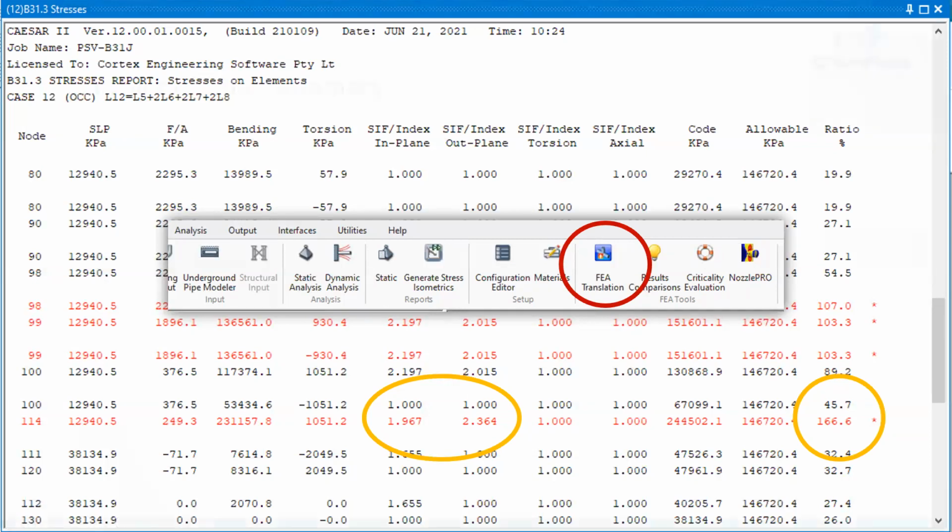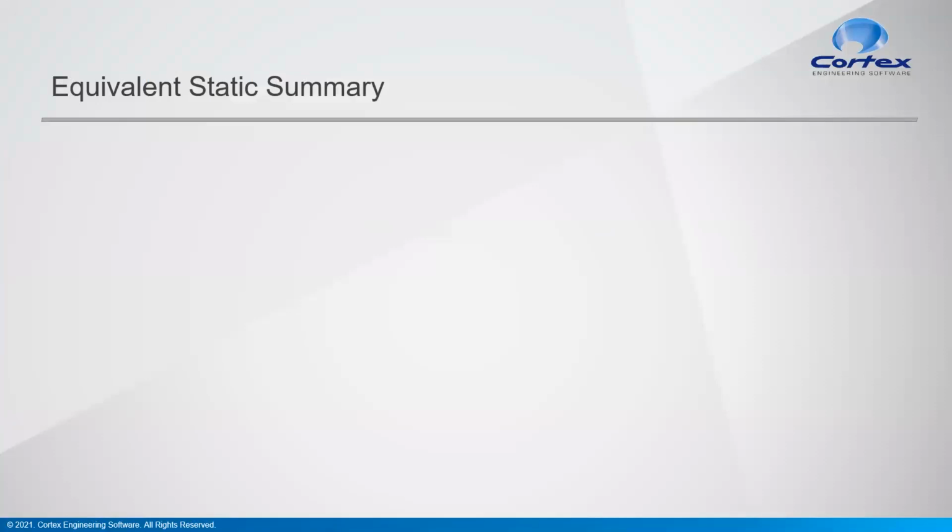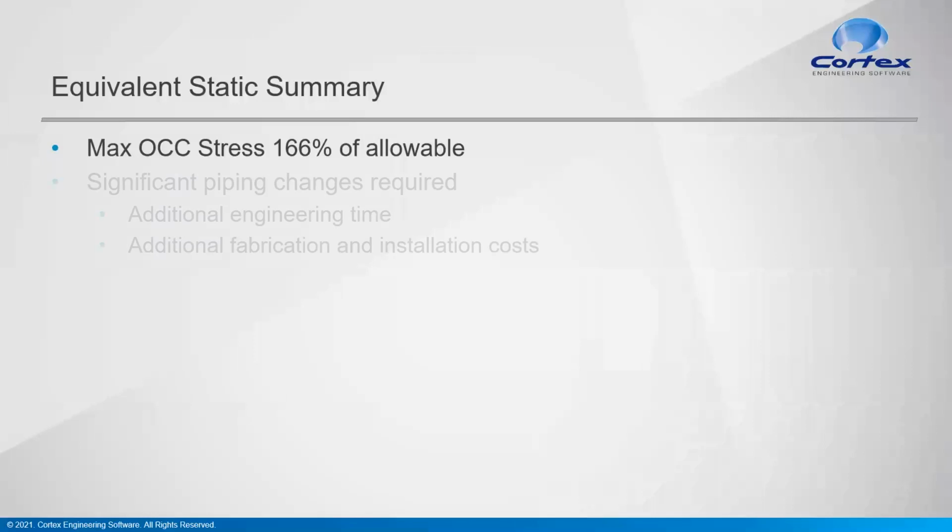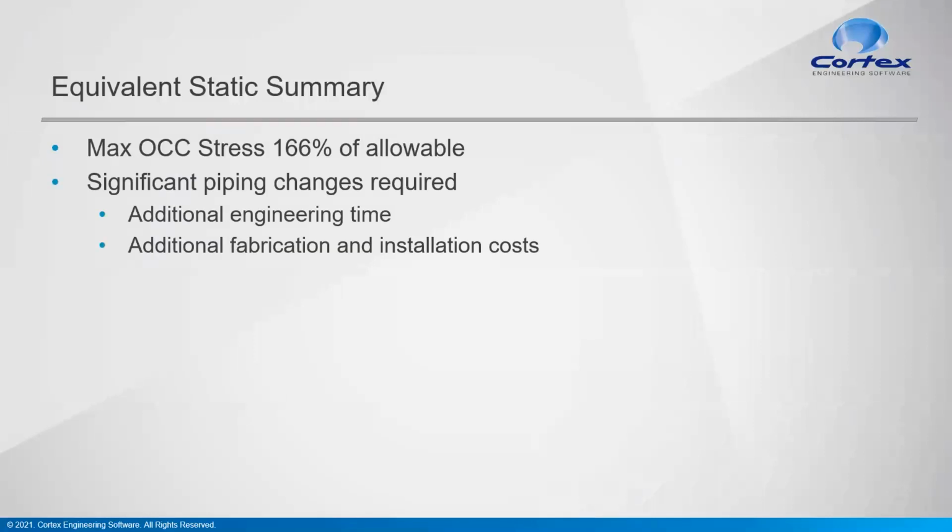Okay, so if we summarize this equivalent static approach, in our particular model we got a maximum occasional stress which was 166% of allowable. And what this means is that if this was the real world and we were designing this piping system, we'd have to make some significant changes.